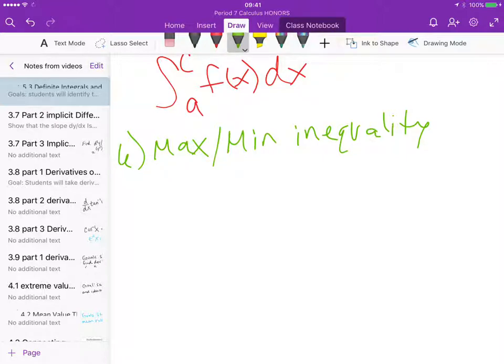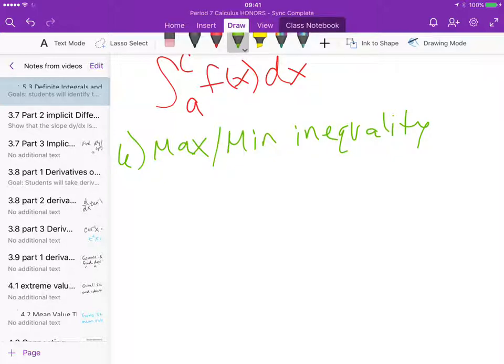So you're thinking to yourself, you have a maximum value for f. You have a minimum value for f. And so what we can say is that the minimum is less than the integral, which is still less than the maximum. So let's write this out again.